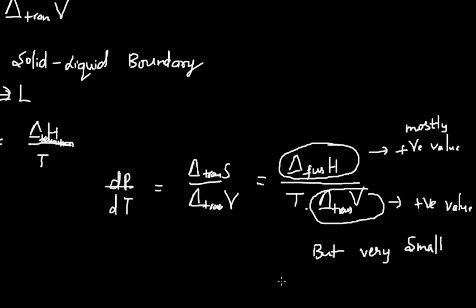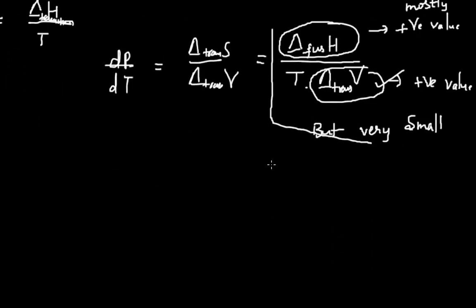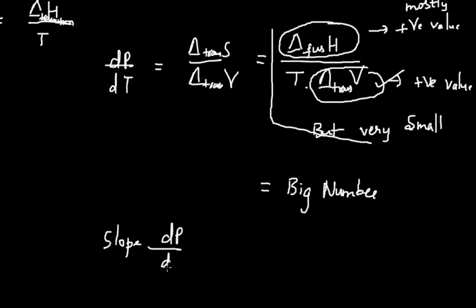Solid to liquid volume difference is very small, and because the denominator is small, this ratio becomes very big. So what this means is the slope dP by dT is very steep and usually positive.